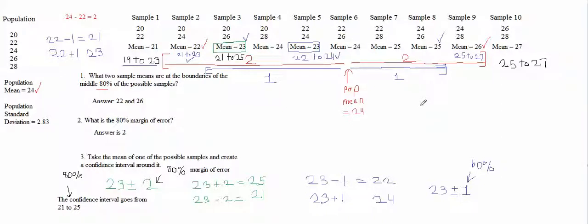Now let's see if we can use a z-score to actually give us a formula that can give us the margin of error that we already found.